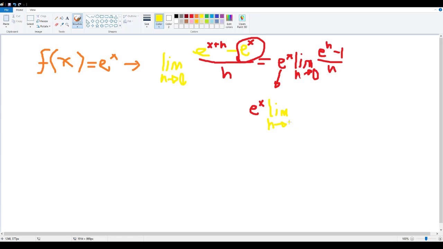This is h tends to 0 of this next bit here, which is going to be e to the h minus 1. Sorry about that.